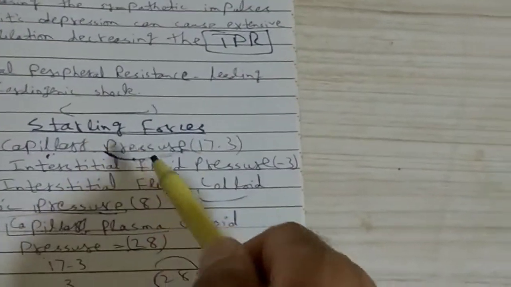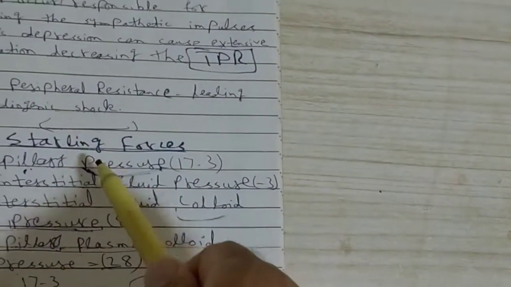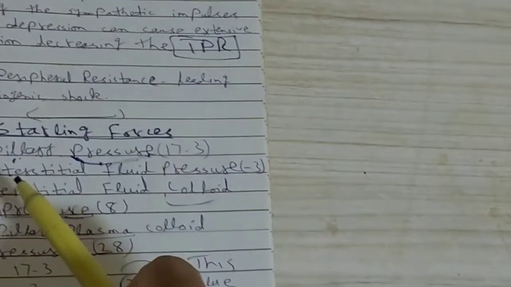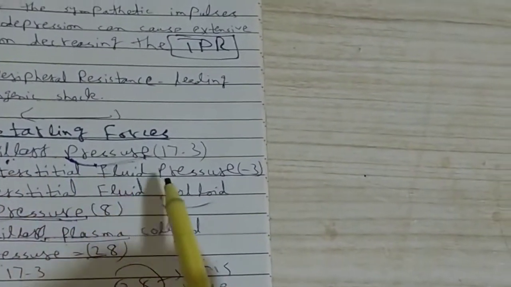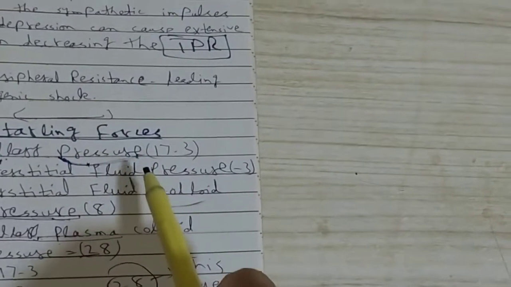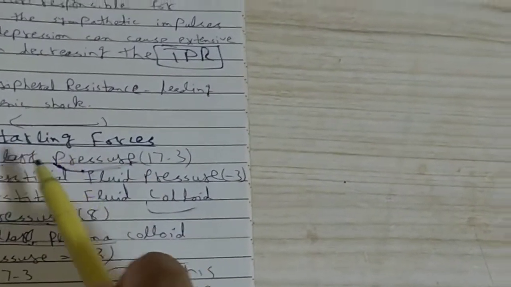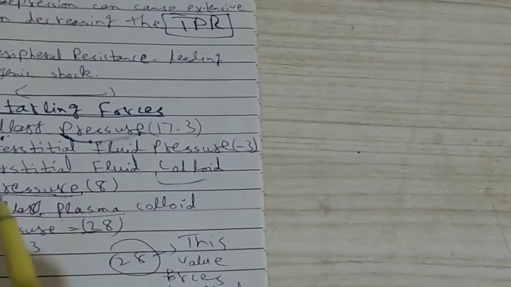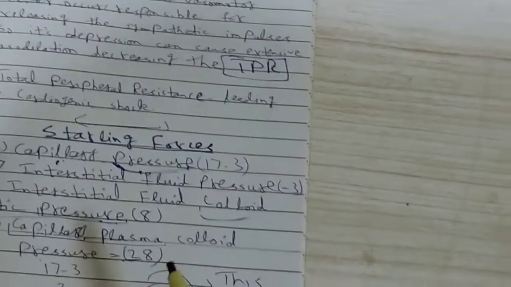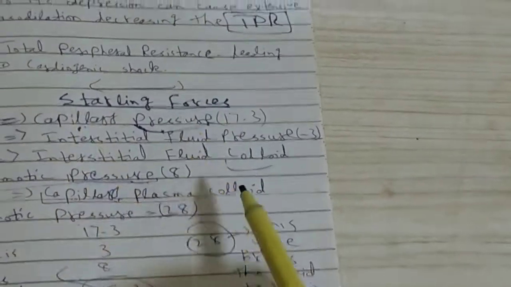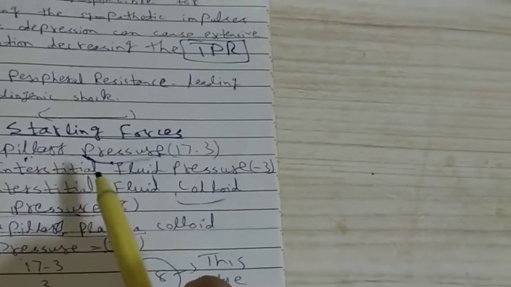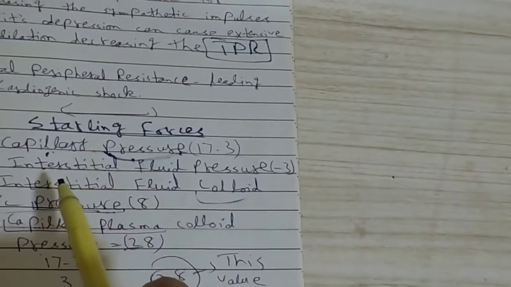Talking about capillary pressure first, it forces the fluid to come out of the capillary. Interstitial fluid pressure would force the fluid to come out from the interstitial space. Interstitial fluid colloid osmotic pressure tends to keep the fluid in the interstitium.